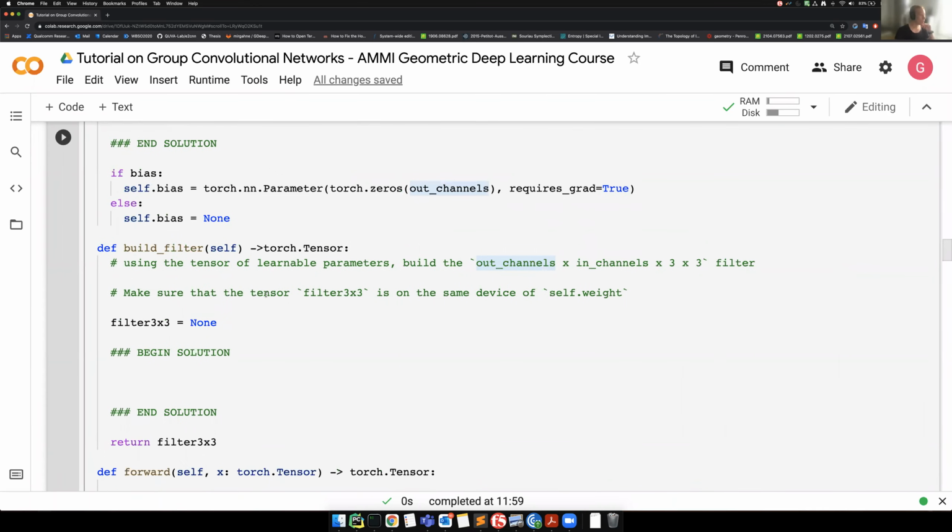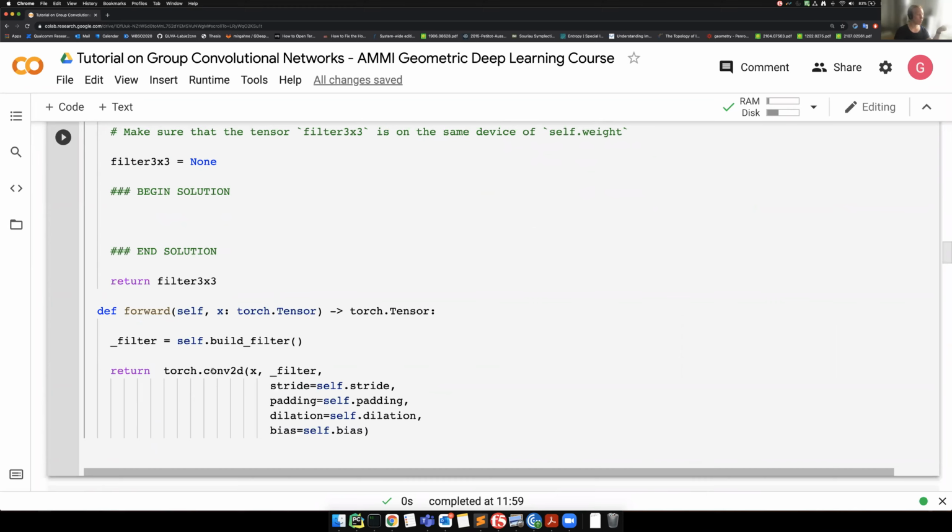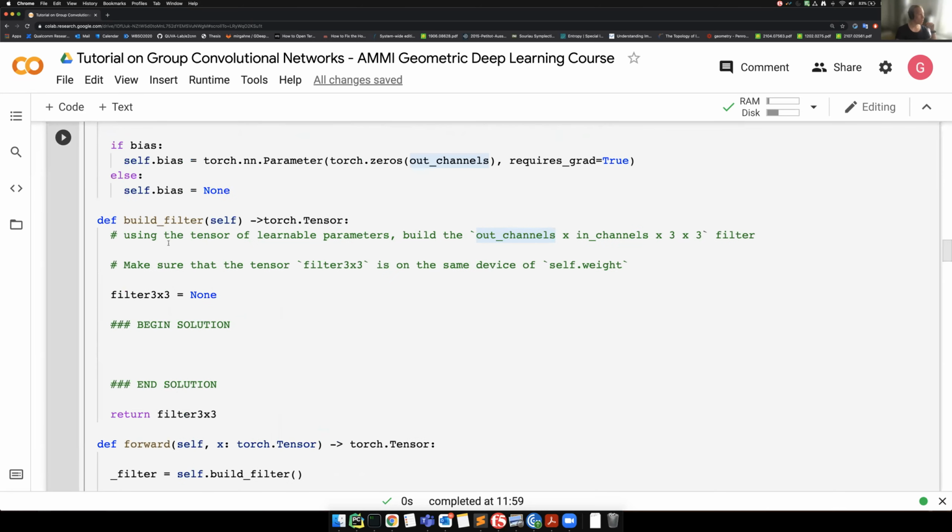Then what we are going to do is still a normal conv2D. But to do conv2D, you need to actually build your 3x3 filter. You cannot pass just your set of learnable weights. So to do that, you need to implement another function, build filter, which takes your set of learnable parameters and builds this output channels times in channels times 3 times 3 filter. It's going to do something like what I did here.